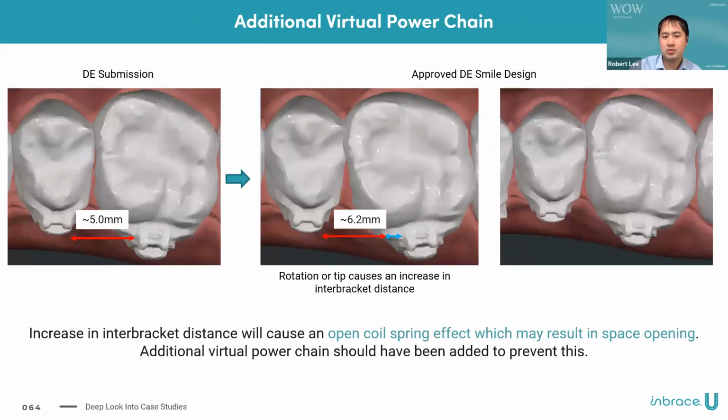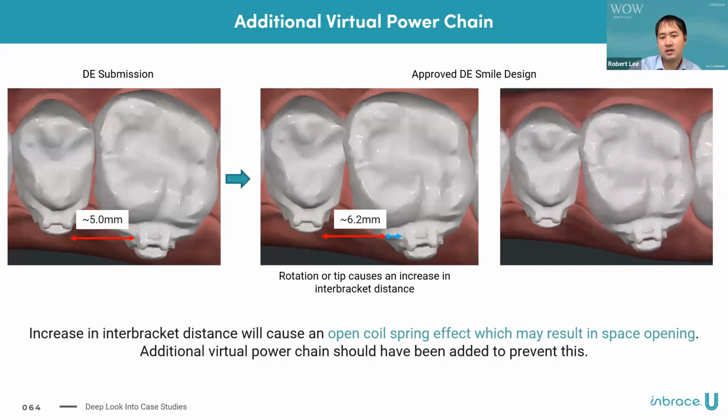I've shown this image before, or an image very similar to this, where you have an increase in the inner bracket distance between your upper 5 and 6. In this video, you can see the upper 6 is rotating mesial in, distal out, and it's causing that increase in inner bracket distance.